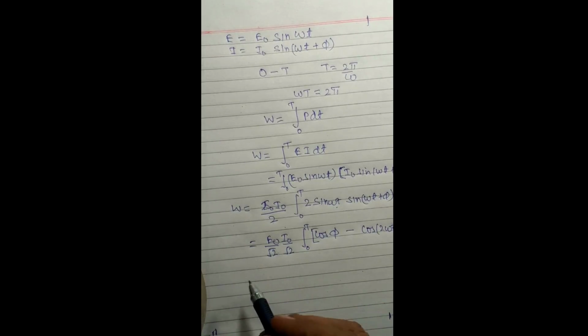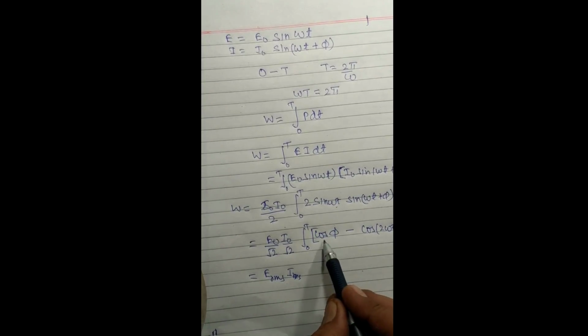Similarly, I naught upon root 2 is called the virtual value or the RMS value of the current. So replacing them, we can write E RMS, I RMS. Now here integrating, as cos phi is a constant, we have to integrate with respect to t.